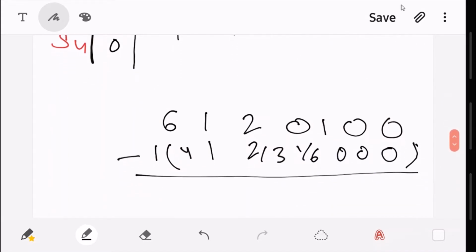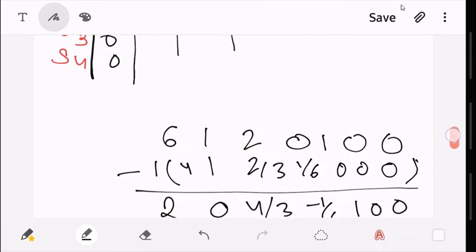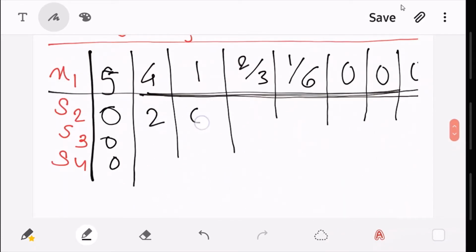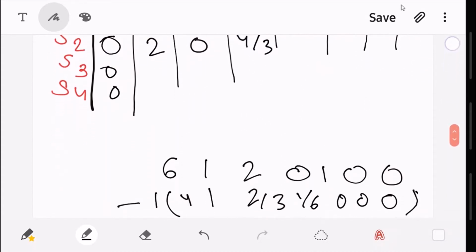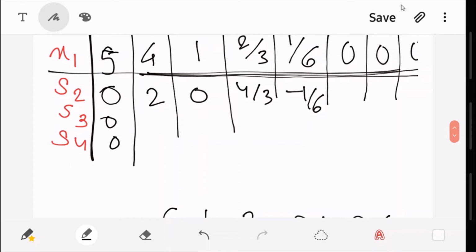So this is 6 minus 4 is 2, 1 minus 1 is 0, 4 by 3, this is minus 1 by 6, this is 1, 0, 0, and this value needs to be written in the second row: 2, 0, 4 by 3, minus 1 by 6, 1, 0, 0.